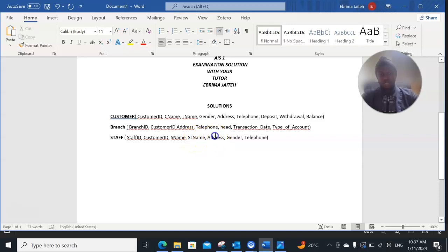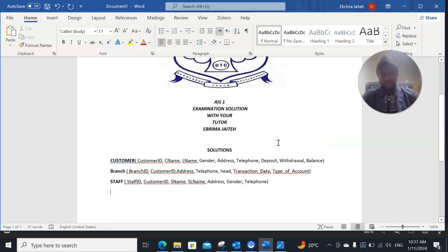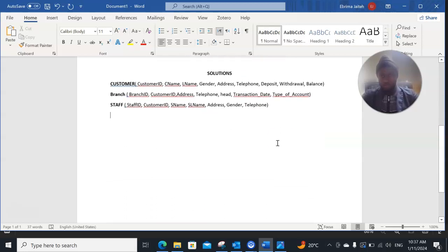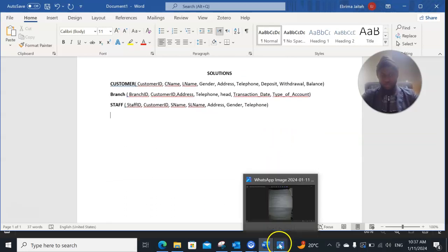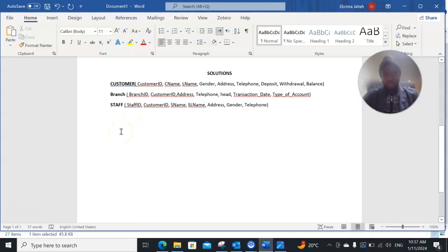We can use something like this. And then we have the address, we have gender, and then we have telephone. So these are our three tables. Now the other thing we are going to do is solve the questions. So we are going to start with question number one.